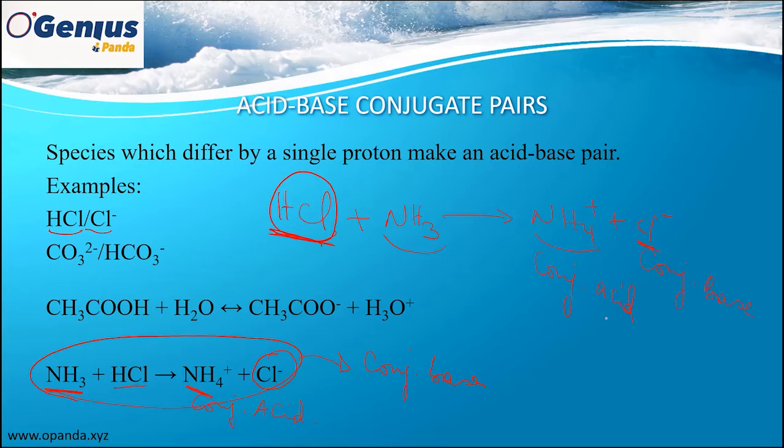So every time, if you have a weak acid or base, the conjugate species that will be produced will be strong. And if you have a strong acid or base, the conjugate species that will be produced will be weak.